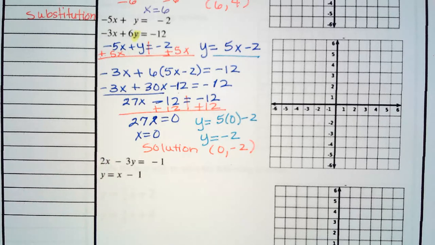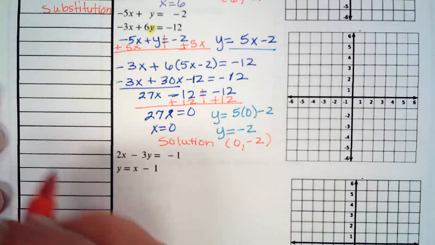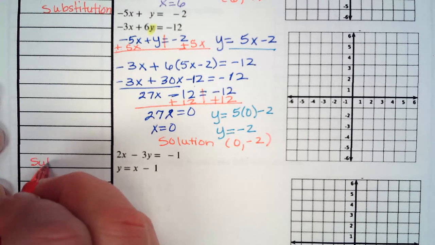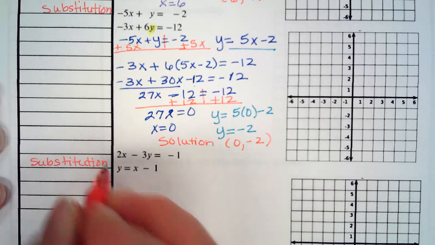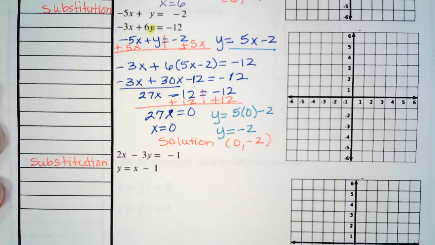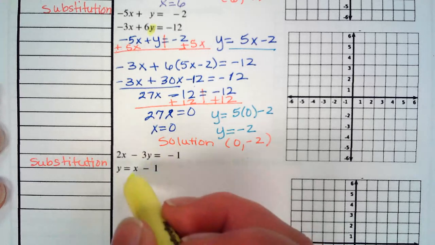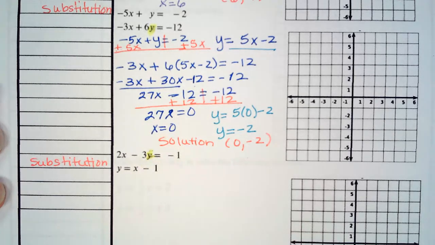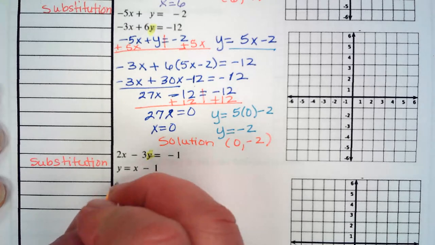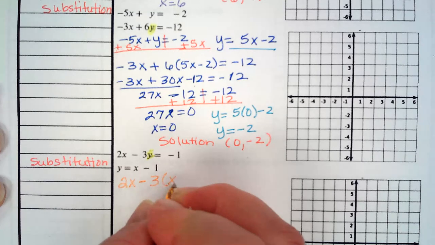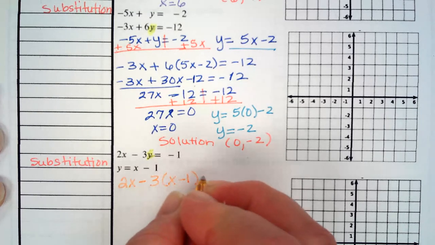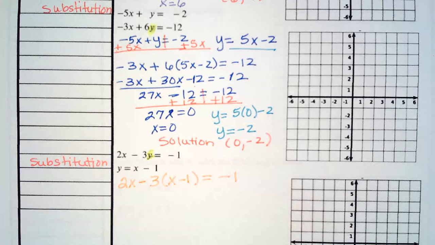So substitution again is probably the best method. So I'm going to take what y is equal to, and I will substitute it into the other equation. 2x minus 3 times x minus 1 is equal to negative 1.